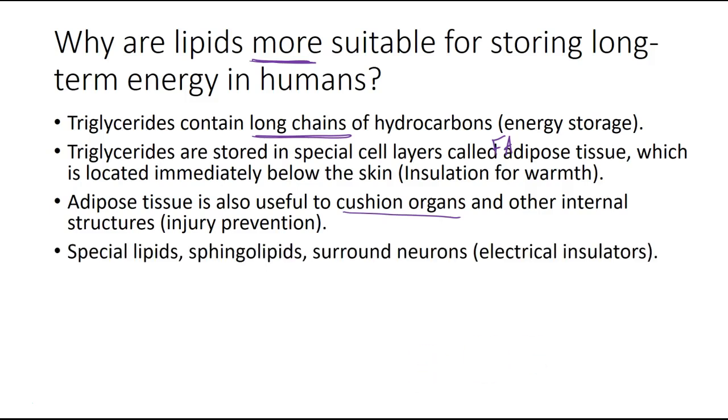And we have sphingolipids, which are really important when we talk about neuron transmission or electrical impulses, which we're going to talk about later in the syllabus in future videos. There is a sheath called the myelin sheath. Myelination is a process of surrounding the neurons with an insulating lipid called sphingolipids, which are used to insulate those neurons so that we don't lose signal as we transmit those electrical impulses from neuron to neuron.